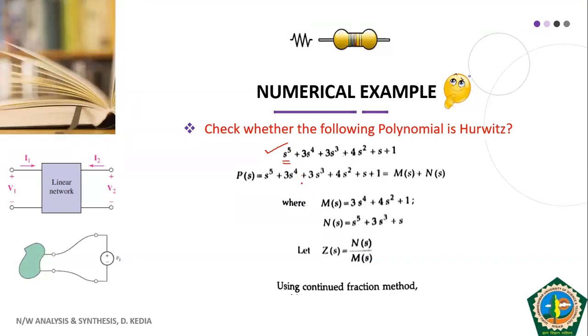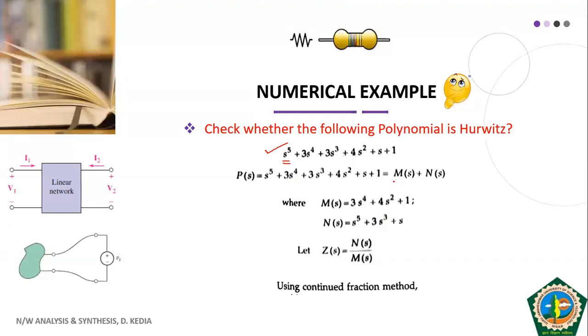Now let us see that this is the polynomial. I told you that first we have to check with necessary conditions. Those necessary conditions are fulfilled: all the powers are present, there is no negative root, and the coefficients are real. Now we have to move to sufficient conditions in order to declare this polynomial as a Hurwitz polynomial.